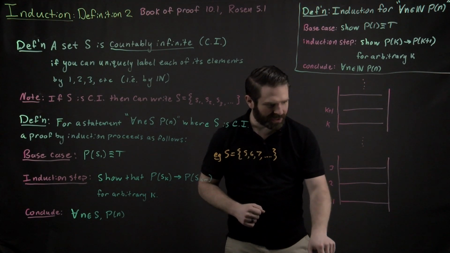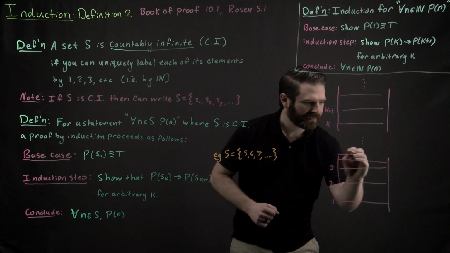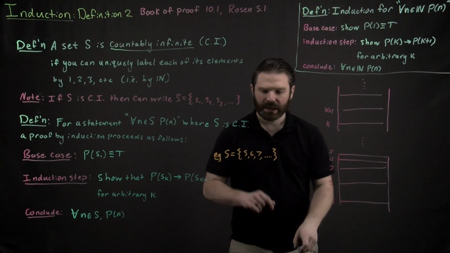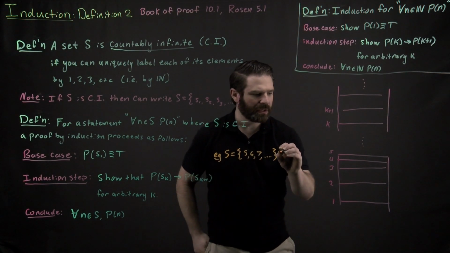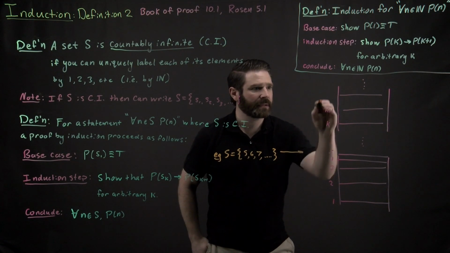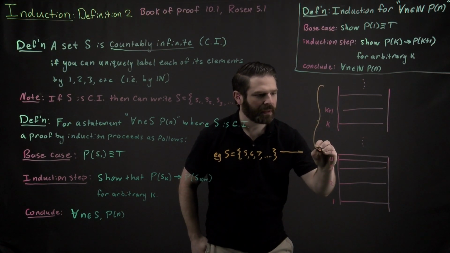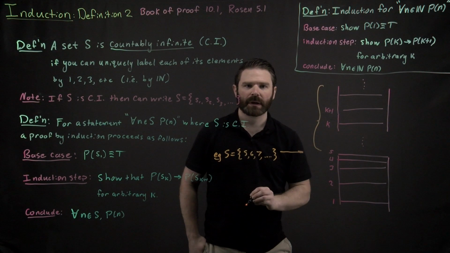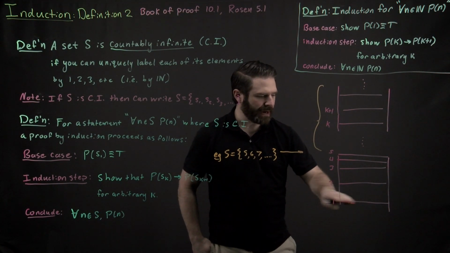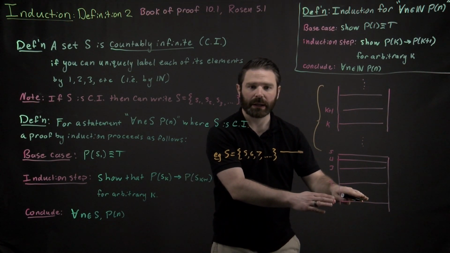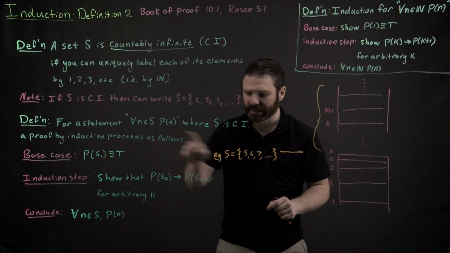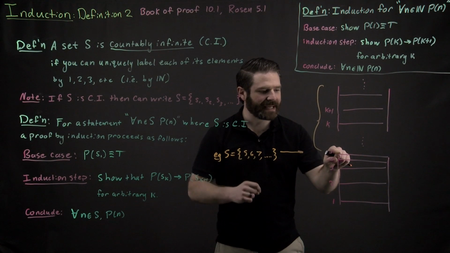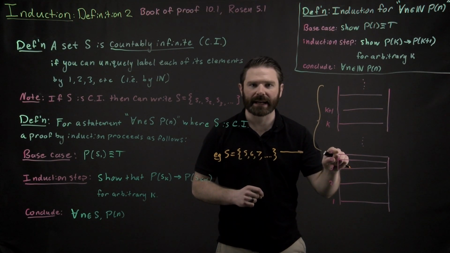So I need to draw more rungs on my ladder. And so this set right here really only occupies that part of the ladder. So that means that I really don't care about starting at 1. I need to start at 5. That's what this base case here says. Start at the very first element. So my base case is going to be 5. I start at that element.